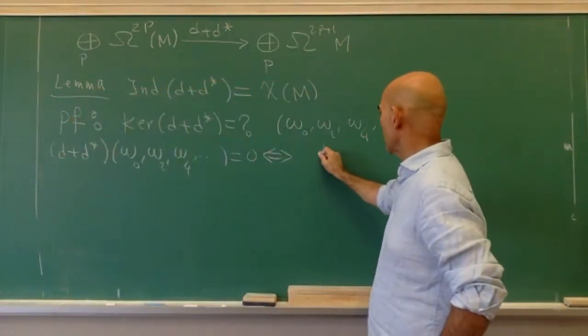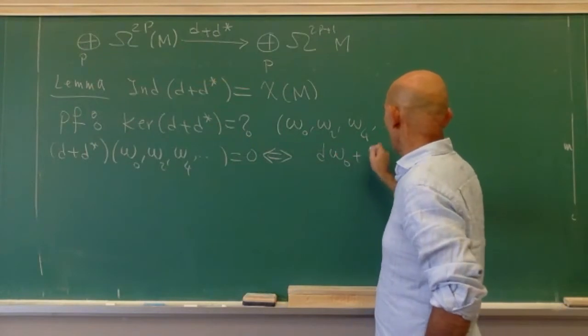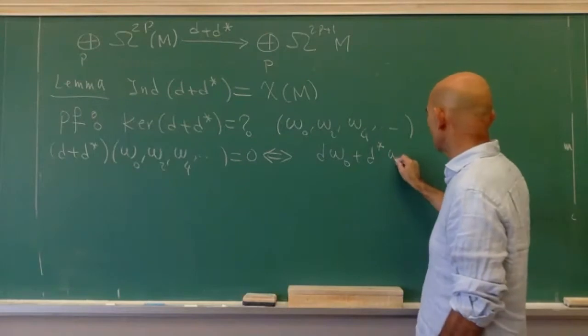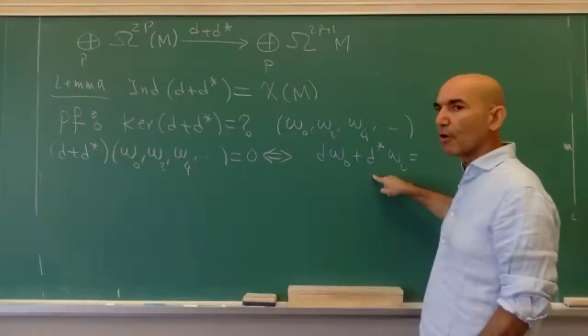Of course, if I unfold it, you have these equations now. d omega 0 plus d star omega 2. This is a one form that has to be 0.